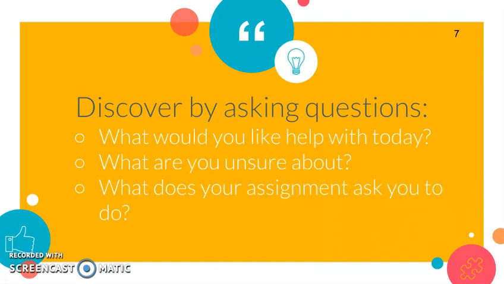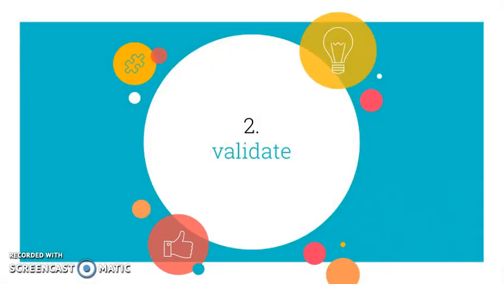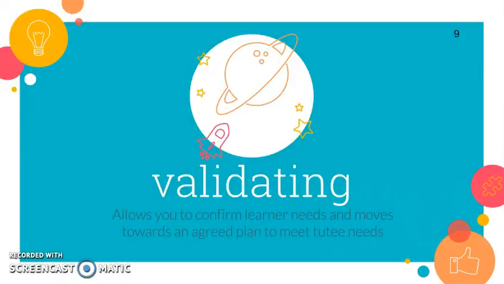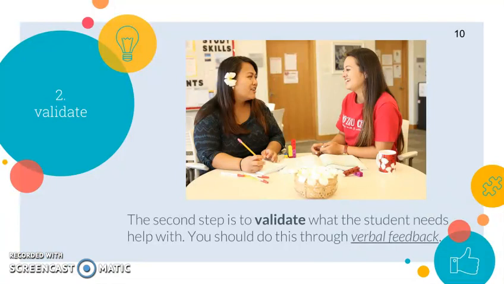Now, after the discover step, we have to move to the validate step. Validating is all about confirming learner needs, and it helps the tutor to move towards an agreed plan to meet tutee needs. So here's an example with Rebecca and Lehua again. Since Lehua has asked Rebecca what exactly her assignment looks like, Rebecca might reply, my assignment is to create a 15-page research analysis on video games and Americans.